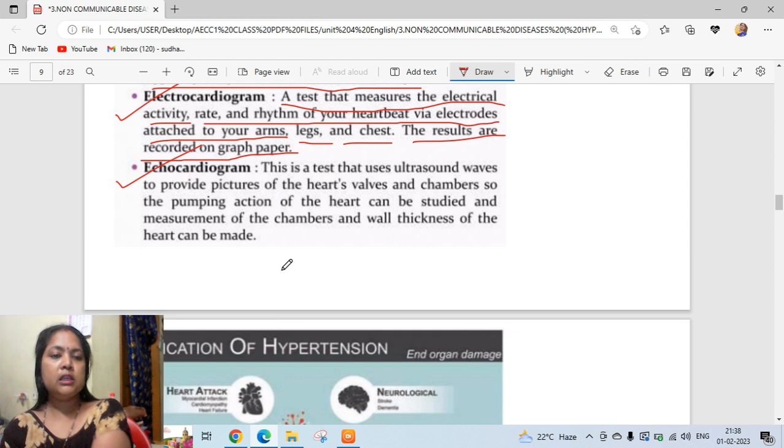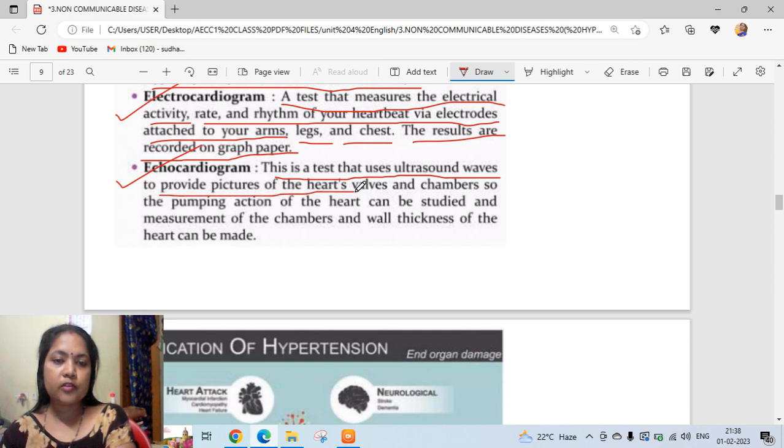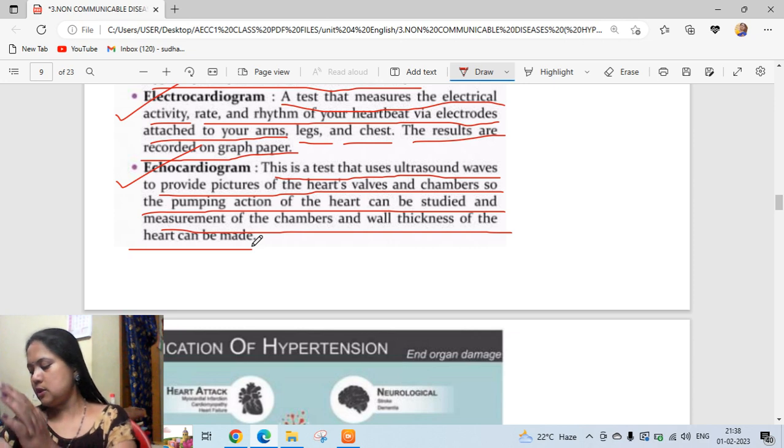Okay. And then echocardiogram, this is a test that uses ultrasound waves to provide pictures of the heart's valves and chambers, so the pumping action of the heart can be studied and measurement of the chambers and wall thickness of the heart can be made. Okay.